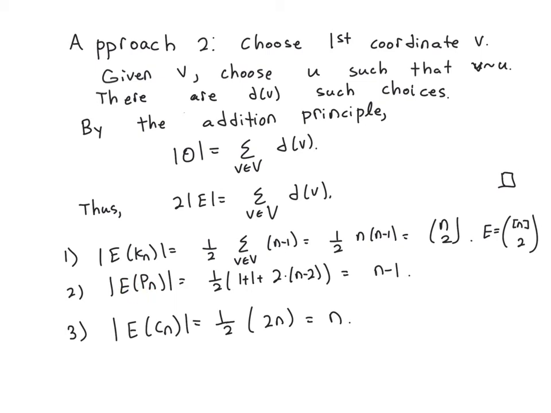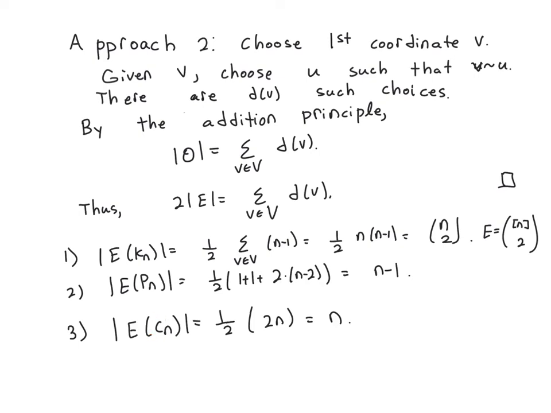Now for the path, there are 2 vertices of degree 1, and the remaining n-2 vertices each had degree 2. Take this sum of degrees, multiply it by 1/2, and we get the number of edges. Do the calculations, and you see there are n-1 edges, which is something we already knew.